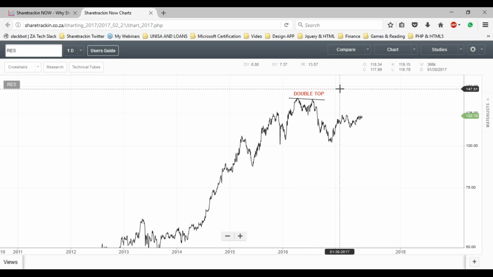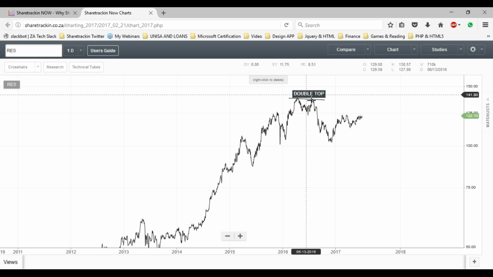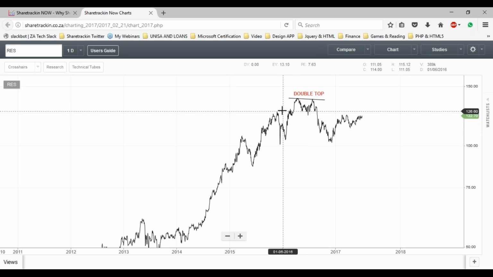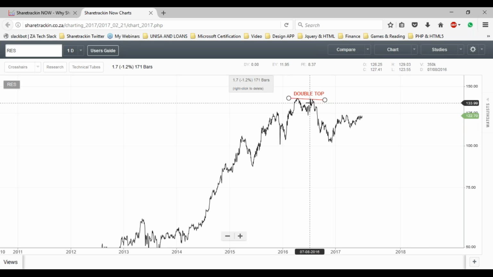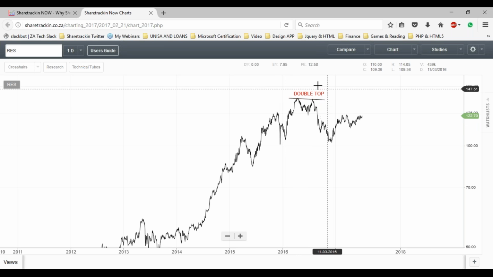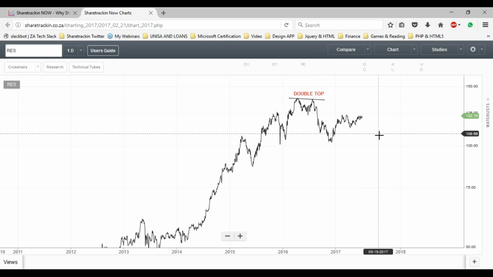And these are very important points and key marks to look at, because the share price is struggling to go above a certain price level. Normally, if a double top or a triple top is formed, this is a good indication of a downward trend which is to follow.